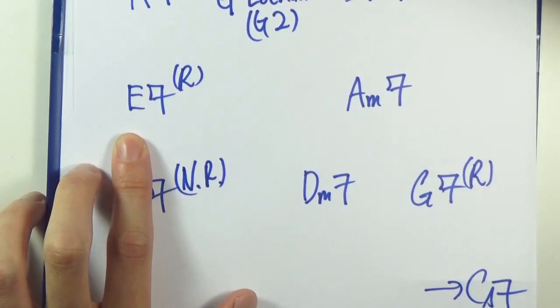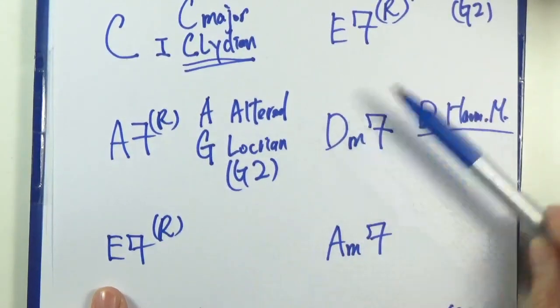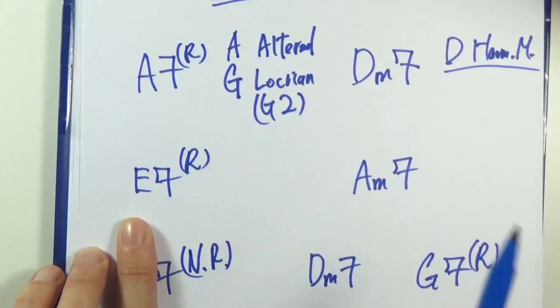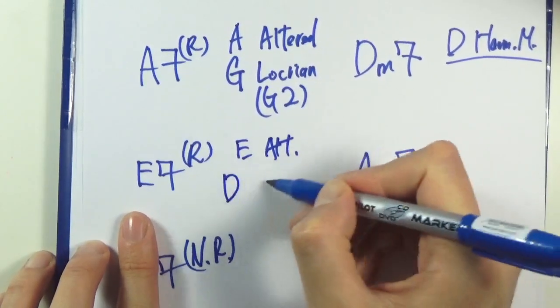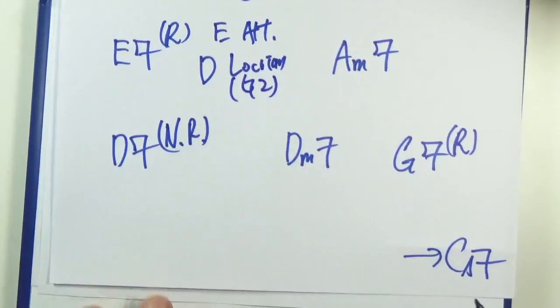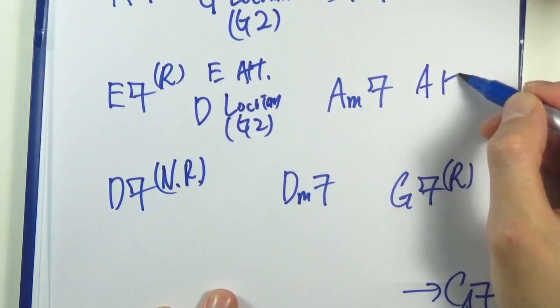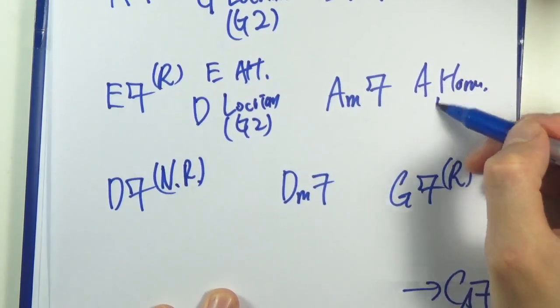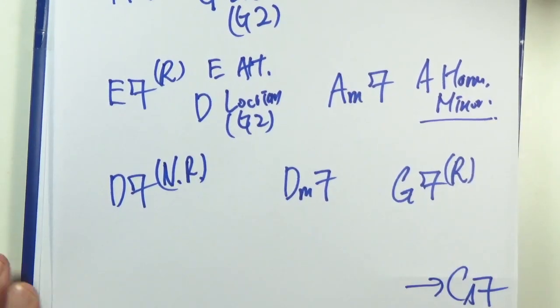Another dominant 7 chord, all right, so E7 going into A minor. That's the exact same situation. So that's E altered. And D Locrian natural 2, all right. A minor 7, another arrival chord, so A harmonic minor should do fine. Actually, natural minor should be okay too.